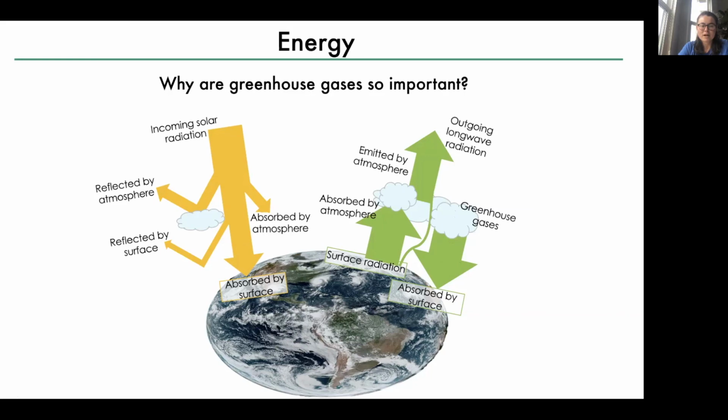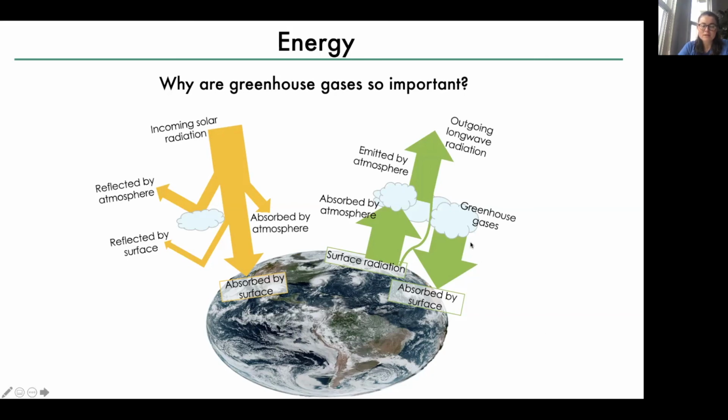So why are greenhouse gases so important? They pretty much make our planet habitable. Without these greenhouse gases, we did that exercise just now. We saw that without any greenhouse gases, the temperature of the surface of the Earth would be much too cold for us to live the way that we do.